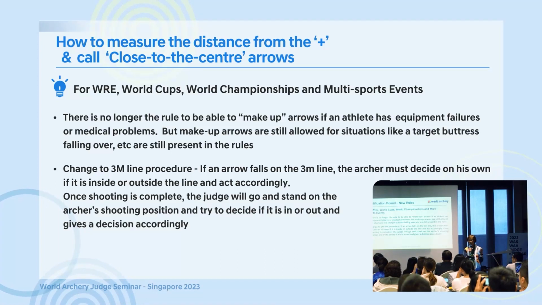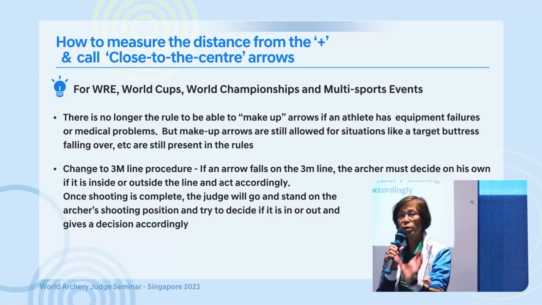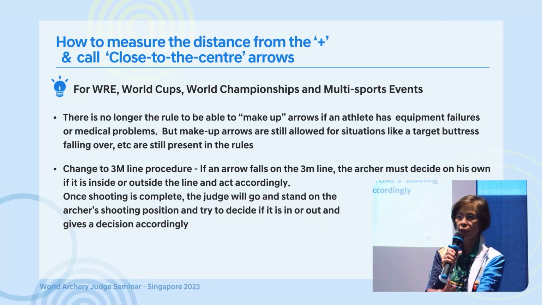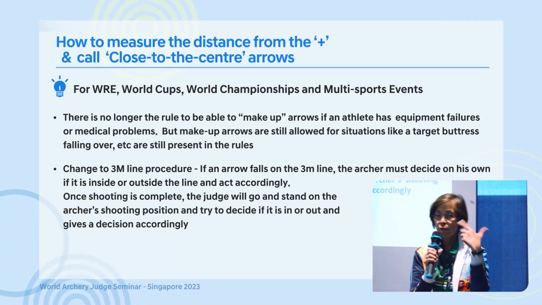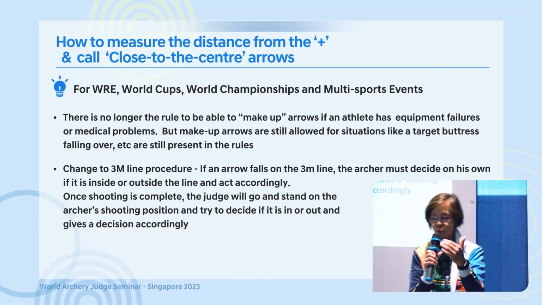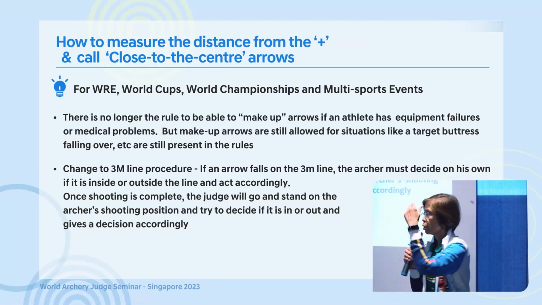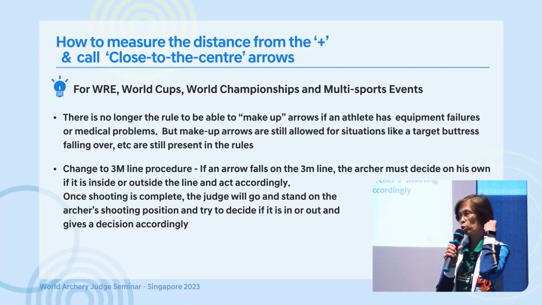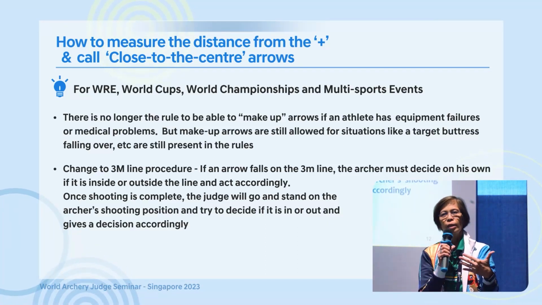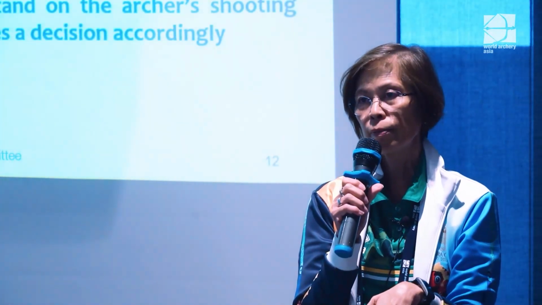Okay? What about the 3-meter line procedure? I think this is a great rule because they've simplified it and made things more consistent between the qualification round and the elimination round for the judge, because we only have one procedure in this case. Okay, if the archer calls, let's say, 3-meter line, you tell the archer, decide. You decide, and so he shoots because he decides that it is within, and then afterward you can check from his position on the shooting line.